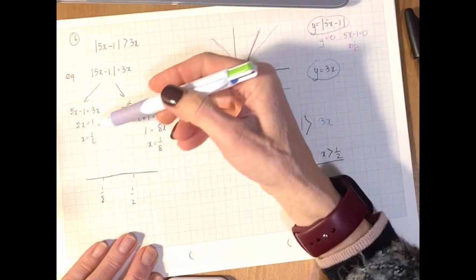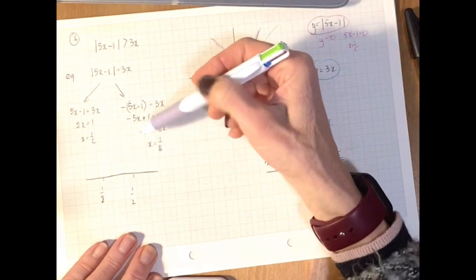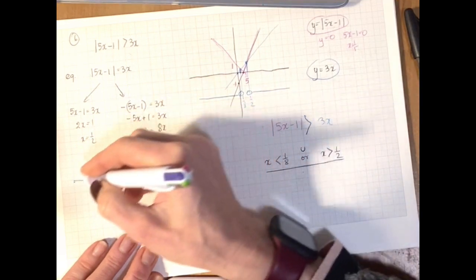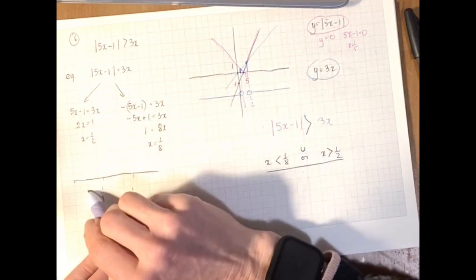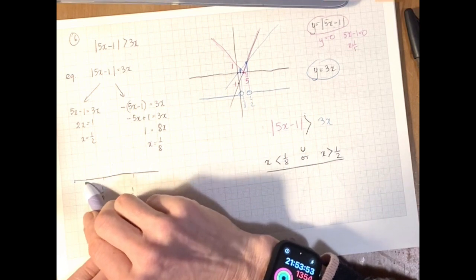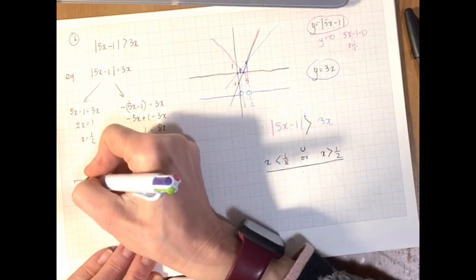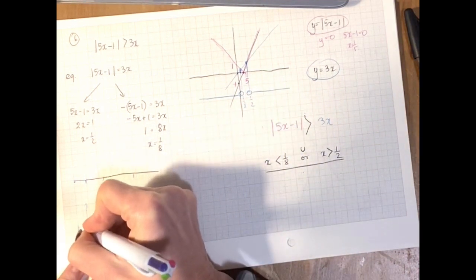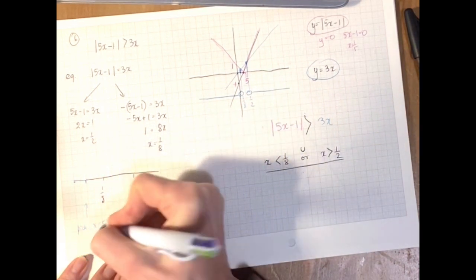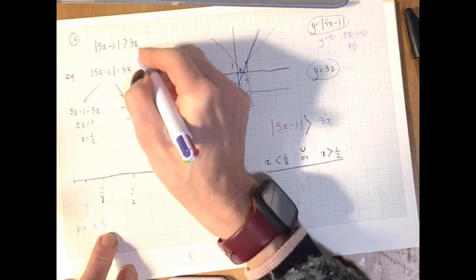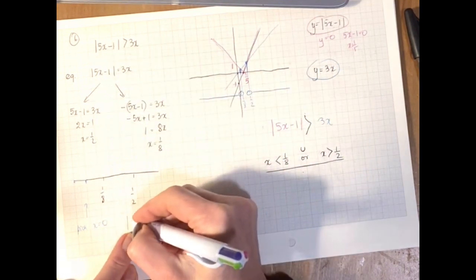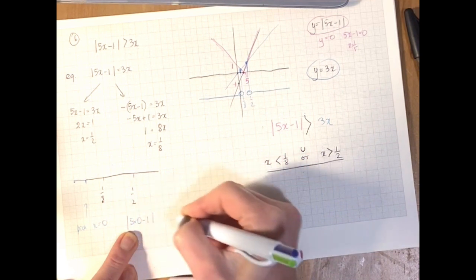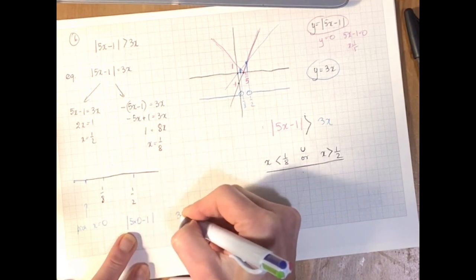Okay, now if you are not good at sketching graphs, how would you be able to find the solution from these 2 values? I will plot them on the number line, and then pick a value that is less than 1/8. So choose some values. Pick x equals 0. So what we're going to do is substitute 0 into this inequality. So it's 5 times 0 minus 1, and then on this side is 3 times 0.